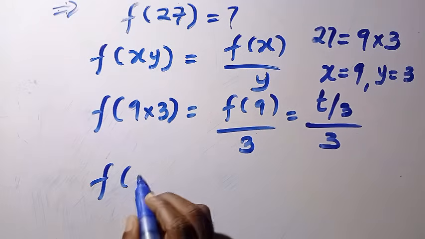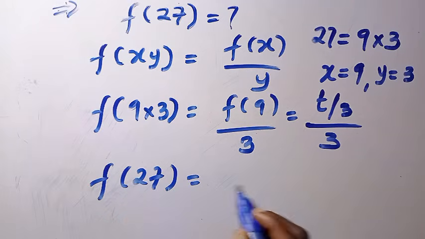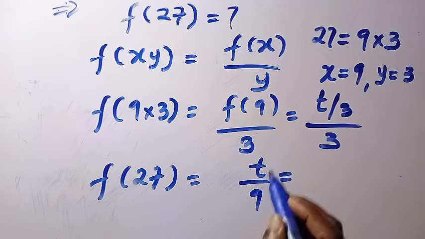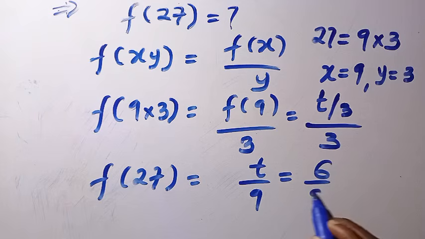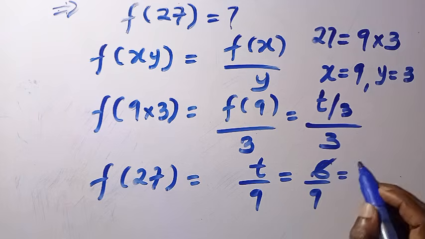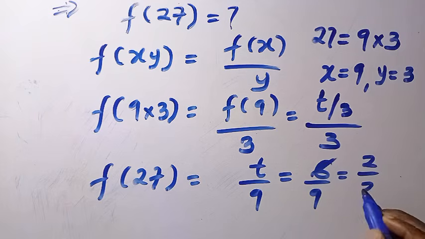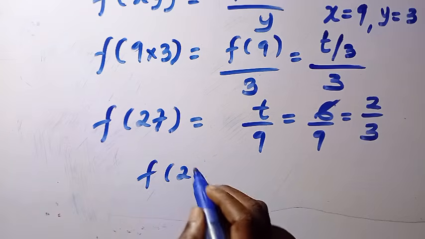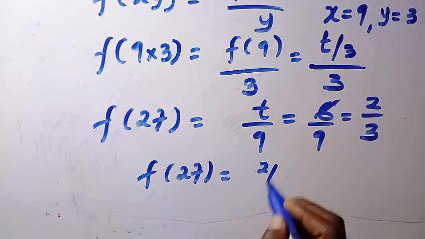So we have f of 27 equals t divided by 9, and the value of t is 6, so 6 over 9. Simplifying, 2 over 3.